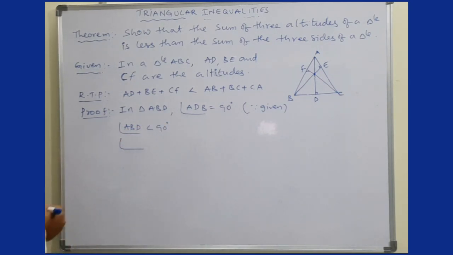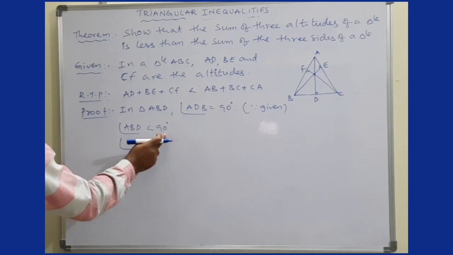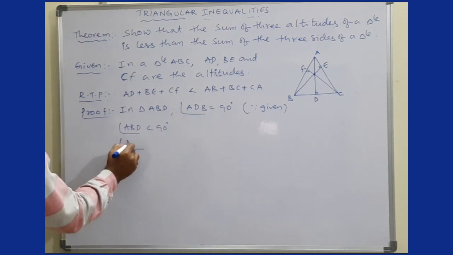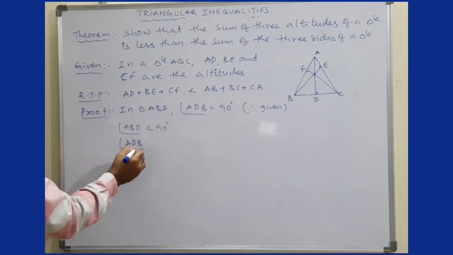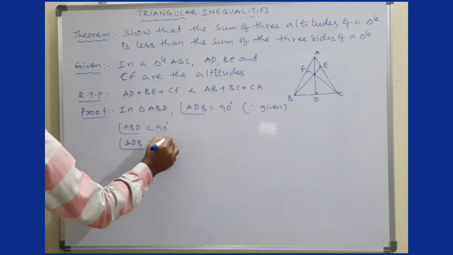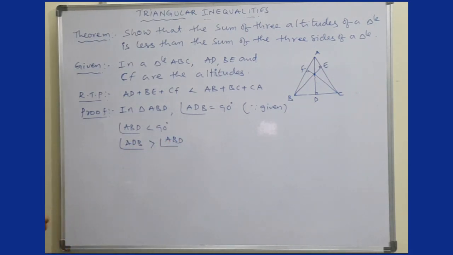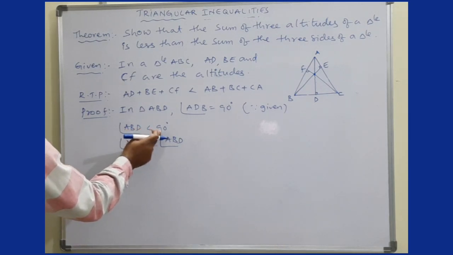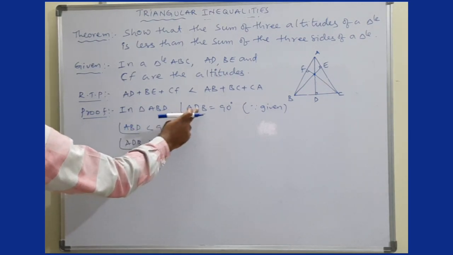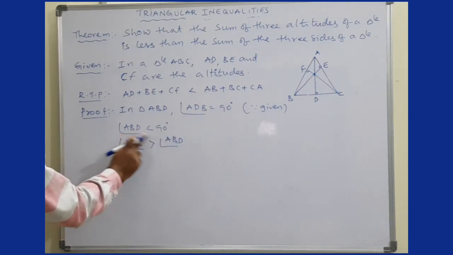So therefore angle ADB, which is 90, whereas this is less than 90, hence ADB is greater than angle ABD. Can we write it or not? Because this is exactly 90 degrees, whereas this angle is less than 90. When you compare these two, ADB is greater than ABD.